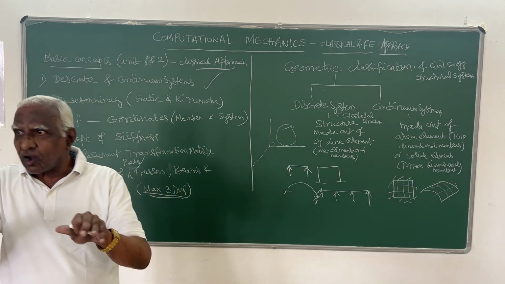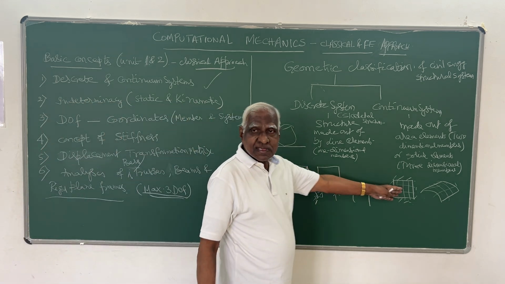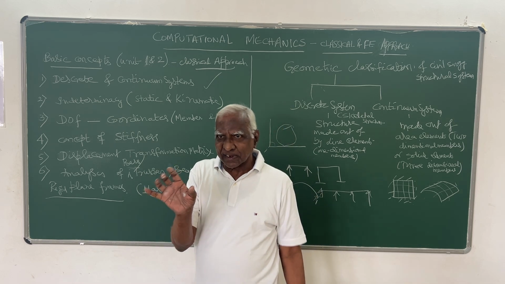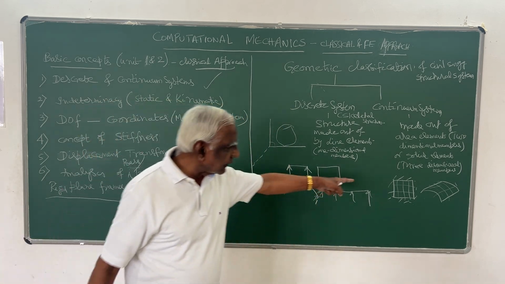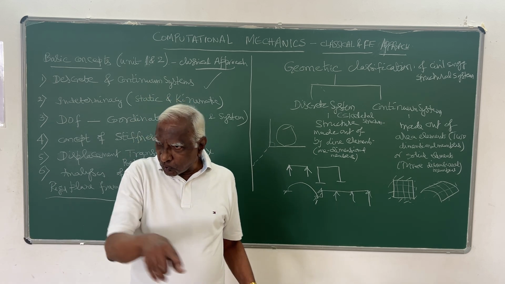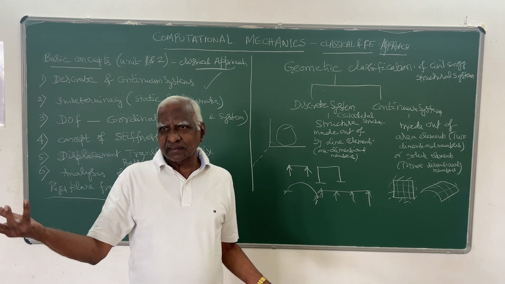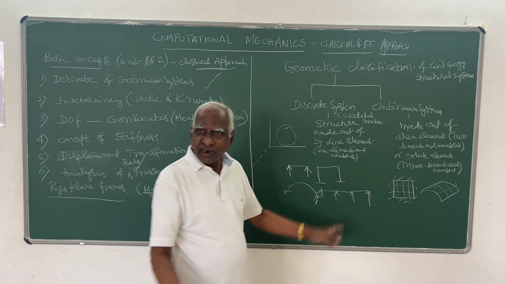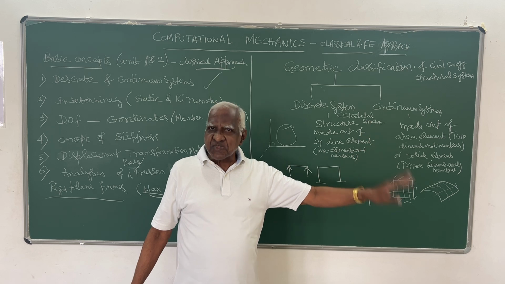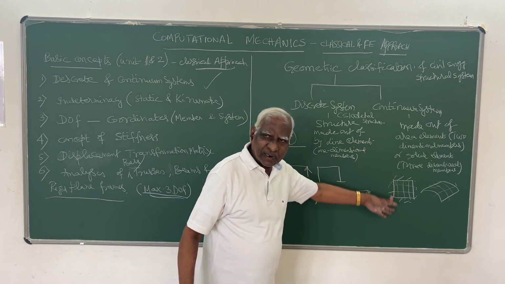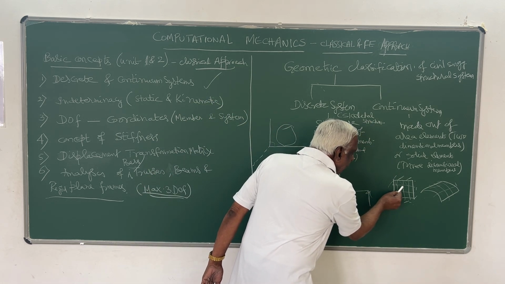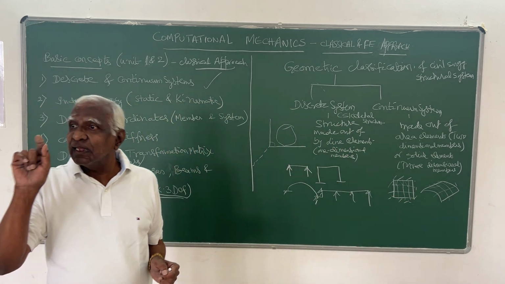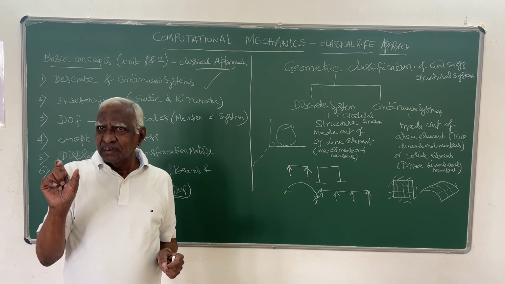You can discretize or model structures by areas of small figures, like rectangles, quadrilaterals or triangles. We can divide them into a number of triangles, rectangles, squares, elements which are interconnected only at a finite number of points. Those points we call joints or nodes.